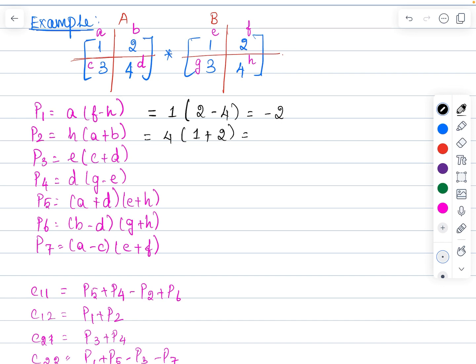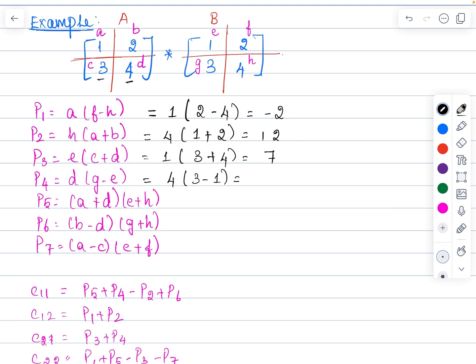So you would get 12 here for P2. For P3, the formula is E into C plus D. E value is 1, C value is 3, D value is 4, so you would get 7 here. And the P4 formula is D into G minus E. D value is 4, G value is 3, E value is 1.